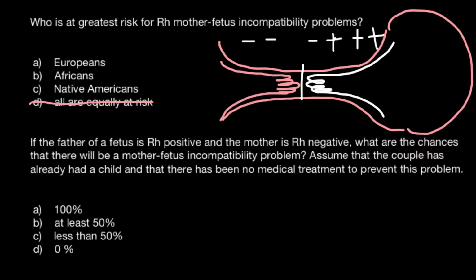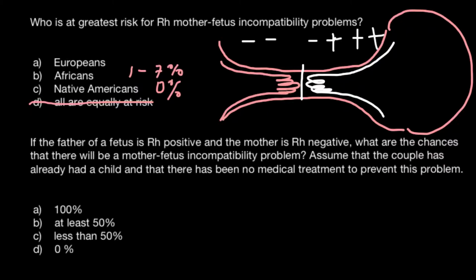For example, answer C, Native Americans, have almost 0% of people who belong to the Rh negative blood group. So most of the Native Americans have Rh positive blood. And as for the Africans, they have an occurrence of the Rh negative blood group between 1% and 7%.